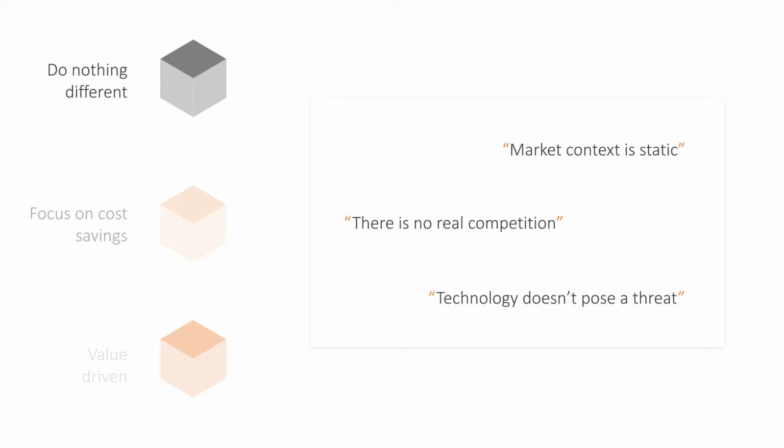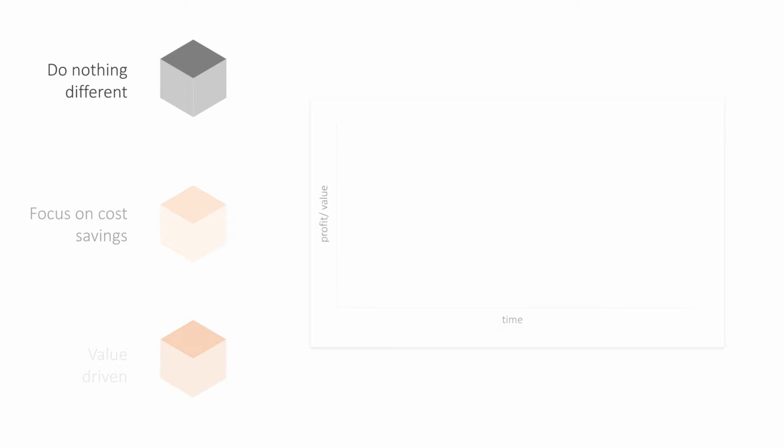Technology doesn't pose a threat to the fundamental business model, and you're sort of secure. But even if you don't think that, you really need to understand what that performance over time looks like. And the graph here, you can see, you might be fine for a while, but it's inevitable in any competitive marketplace that things will go down over time.